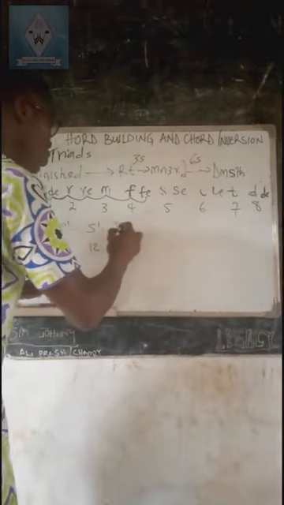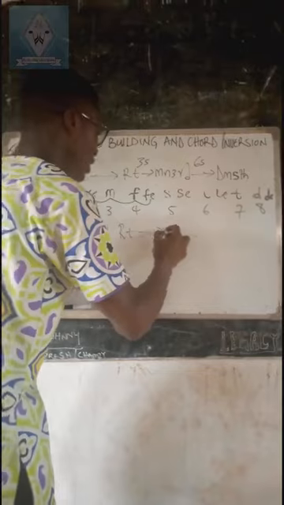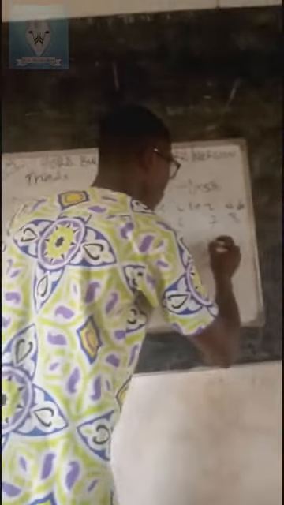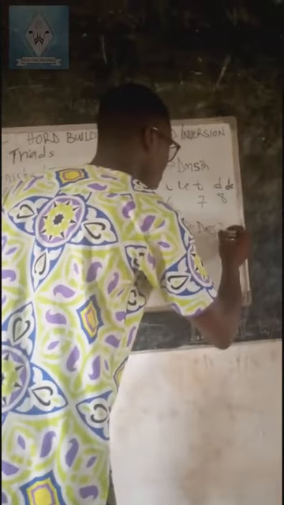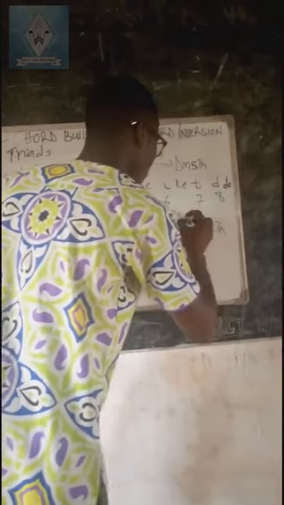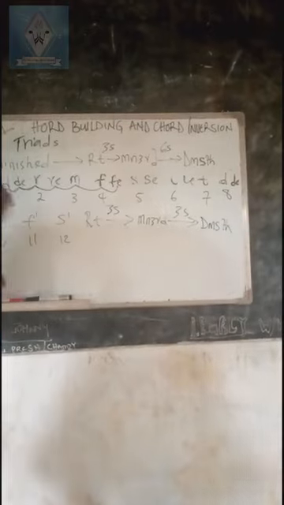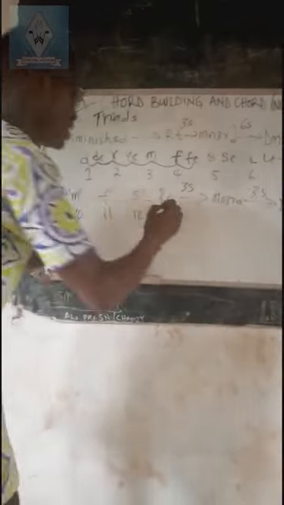Now, from the root to the third is 3 semitones. From the minor third to the diminished fifth will also be 3 semitones. Removing this from this.